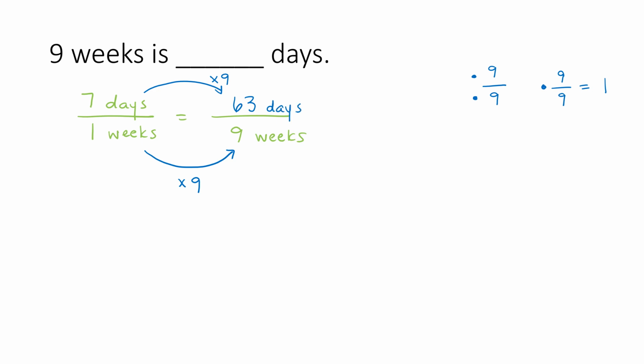Now we can double check this, or if we wanted to use this method instead, we could. So let's make a ratio table comparing the number of days to the number of weeks.